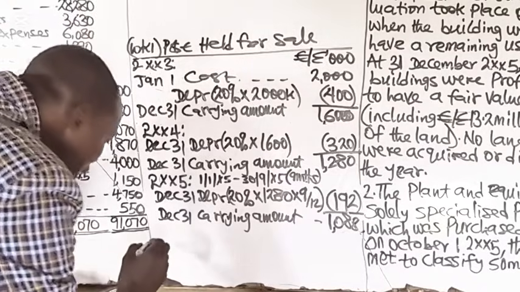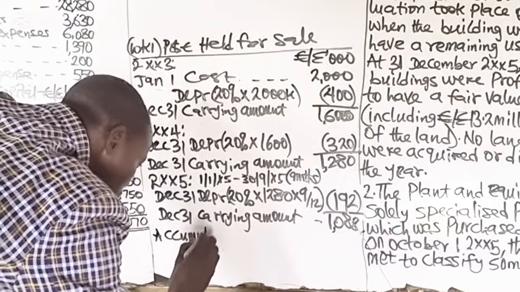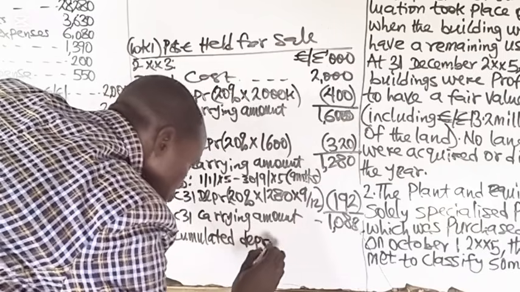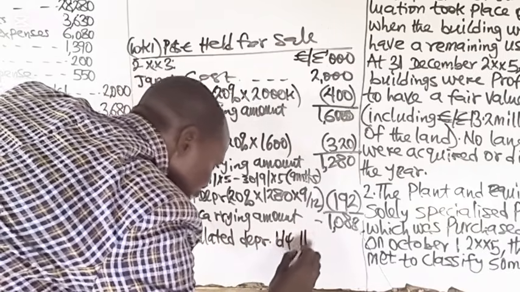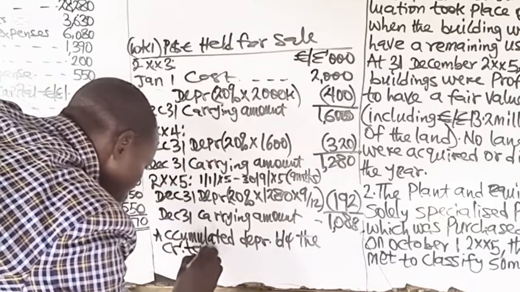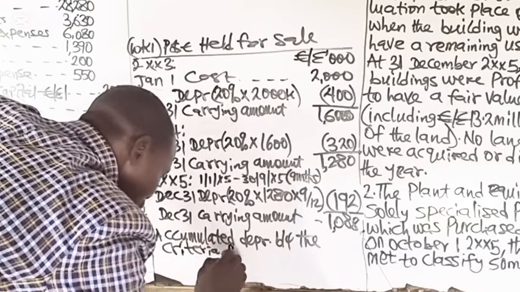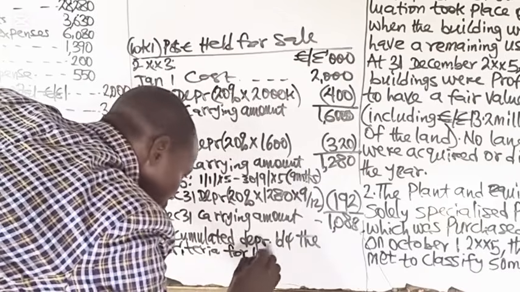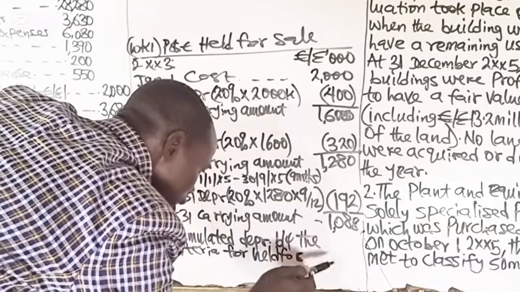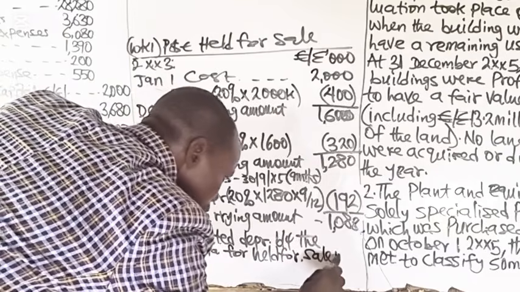So the accumulated depreciation, before the criteria for held for sale were met.